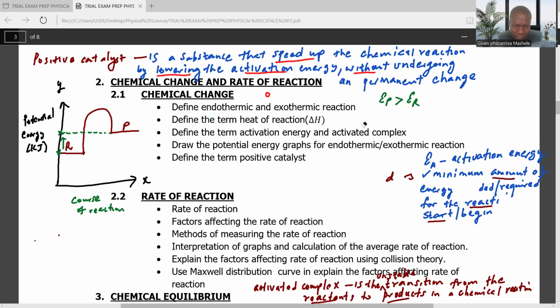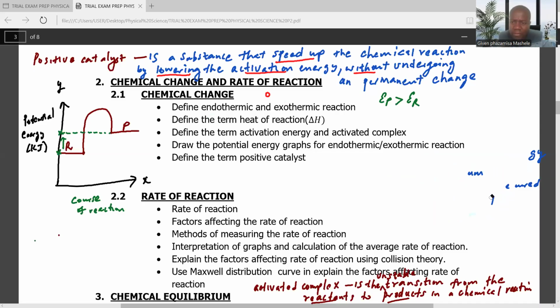Okay, fine. Since we have our graph there, we need to talk about something called the activation energy and activated complex. Let me talk about this point first. You see this point here, the maximum point of this potential energy graph?